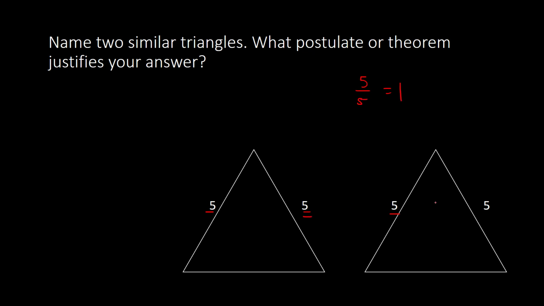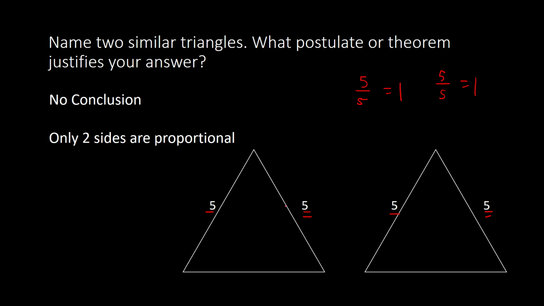And then the ratio of this side to this side would also be 5 over 5, which would also equal 1. But I do not know this third side down here. So because I do not know that third side, I cannot conclude that I have similar triangles. Now it could be similar, but we don't know for sure. So there's no conclusion that can be made because only two sides are proportional and not all three.